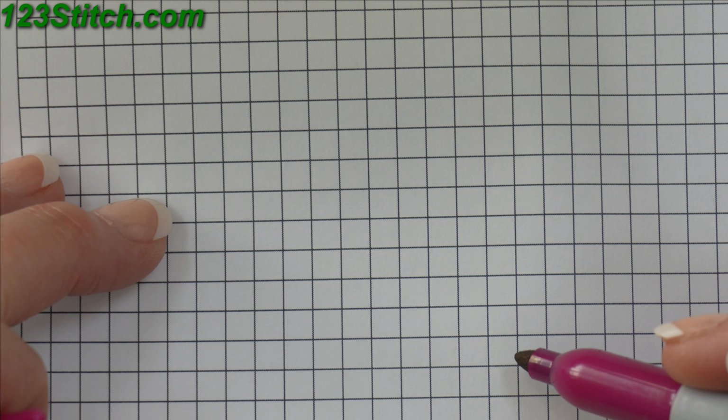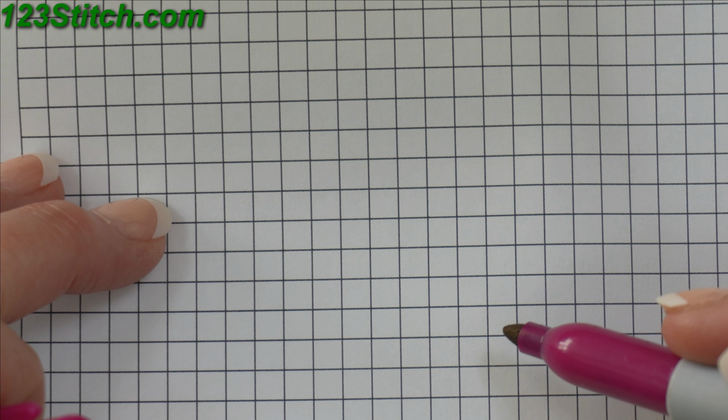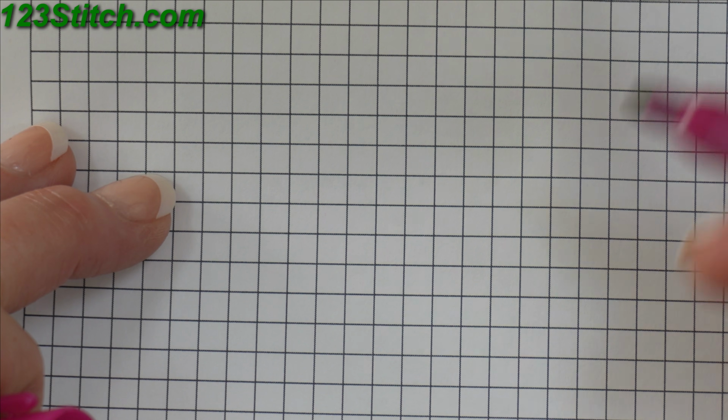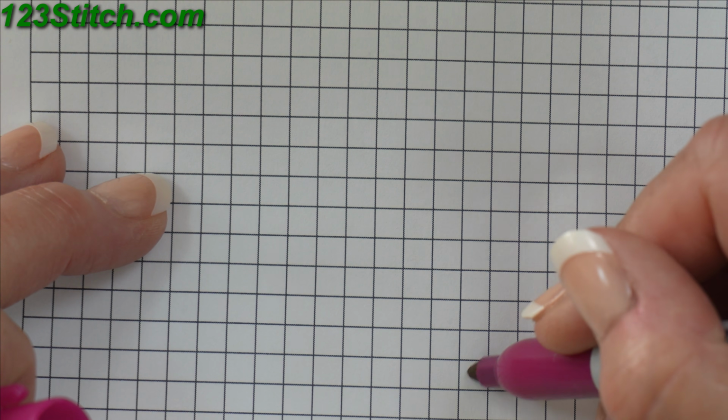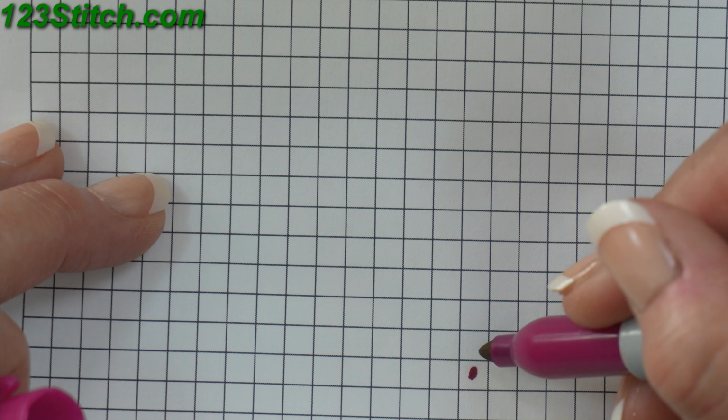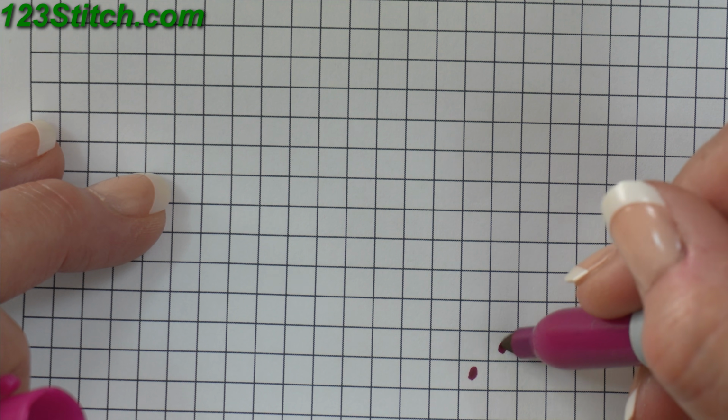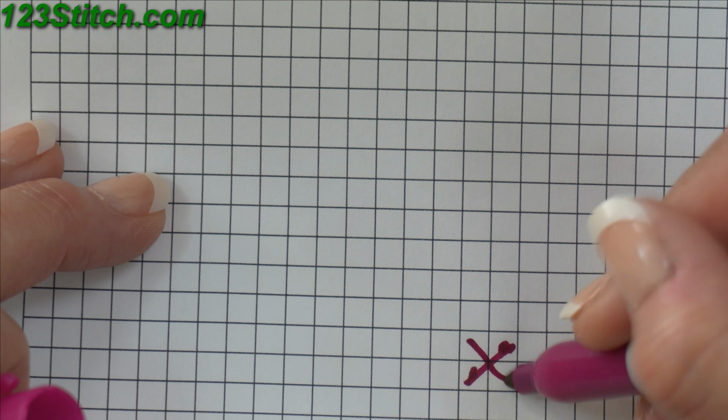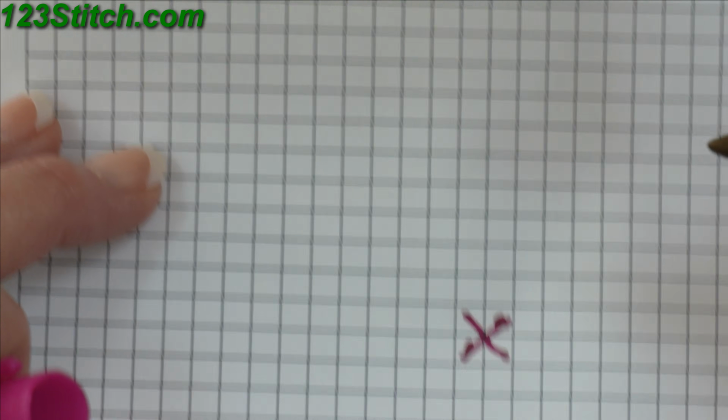Okay, I'm going to demonstrate first on graph paper because I think that's the easiest way to demonstrate the process. The squares on my graph paper represent the holes in my fabric and the lines represent the threads. So I'm going to bring my needle up in one hole, up 1 thread over 1 thread, and that is stitching over 1 thread.